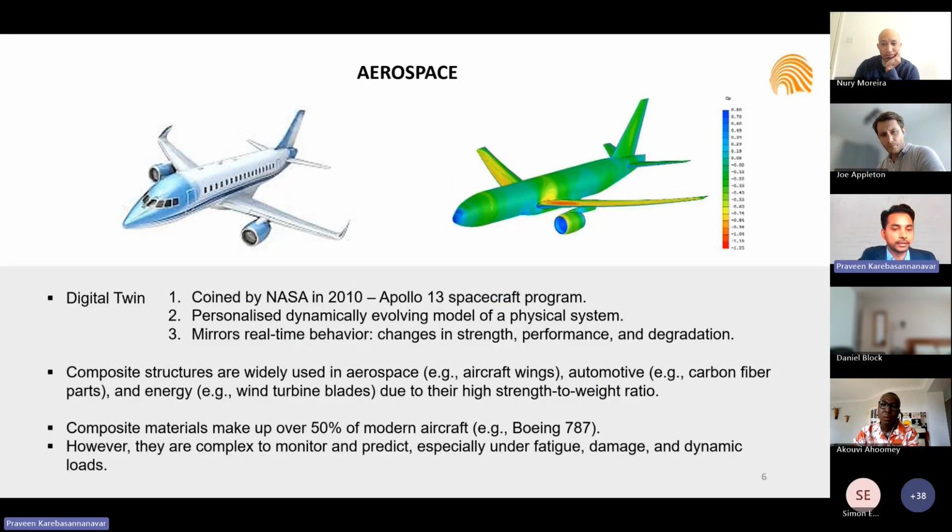So introducing the aerospace digital twin, again covering back to the basics. It was coined by NASA in 2010, when they started the Apollo 13 spacecraft program, and it can be defined as a dynamically evolving model. I have to say this because the finite element model we see in usual life is a static model.